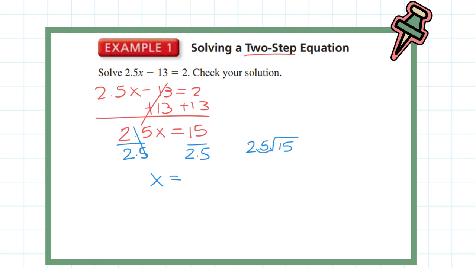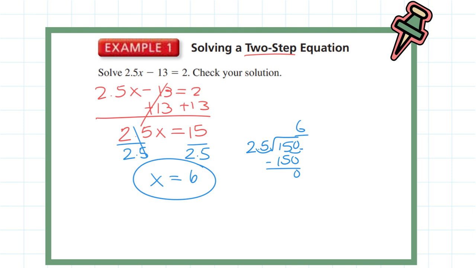If I move my decimal, this imaginary decimal here, I'm left with 150 divided by 25. How many groups of 25 can I make in 150? Think of your quarters. In this case, 6. 6 times 25 gives me 150. Subtract. So that means x equals 6. That's the solution.